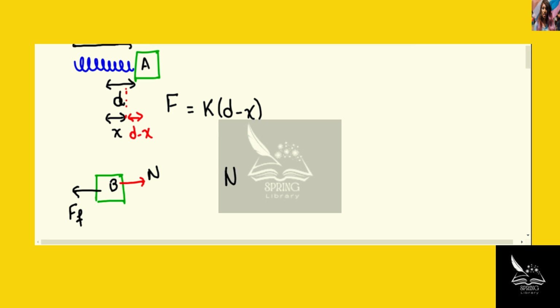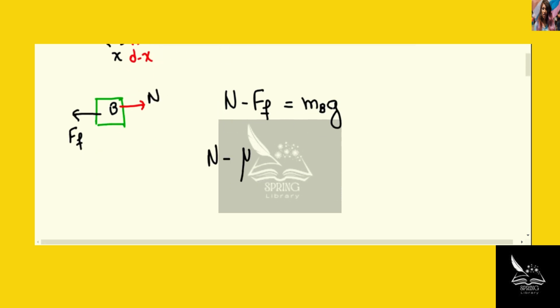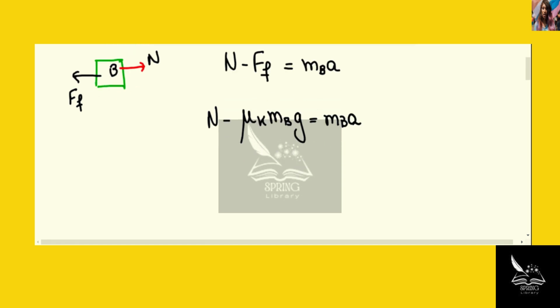So we have N minus FF equal to, N minus mu K MBG is equal to MBA, I'm sorry. Okay, so we have the two equations that I've highlighted in green.